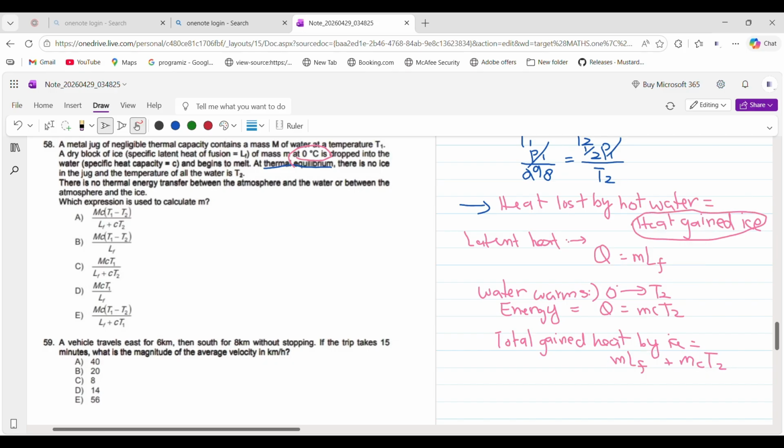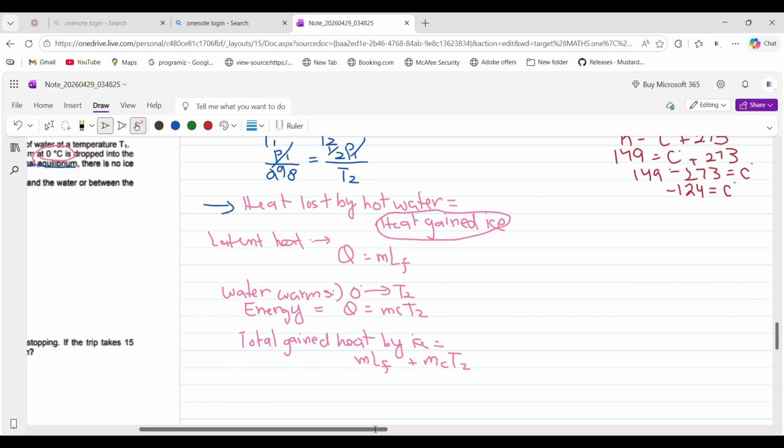We need to now find the heat lost by hot water. What would be the heat which is lost by hot water? Again, water is not changing its state, but it is just losing some heat, which means again heat capacity would work. Its formula would be Q is equal to m c delta T. You must have heard about this formula, where m is the mass of water.